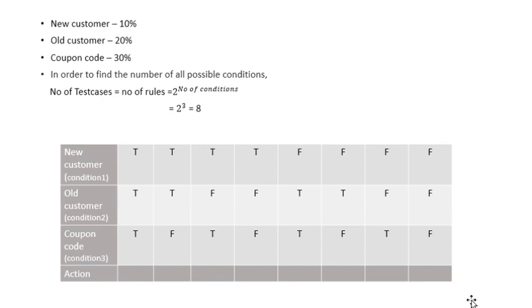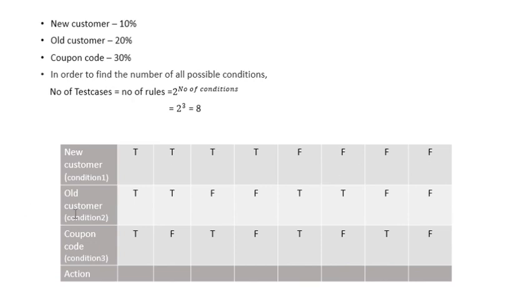So we have to create a tabular column in such a way that we obtain different combinations of input. Here we have to create a table with 9 columns including the conditions and 4 rows including the action. In the first row, in the first 4 columns, we have to give true and the second 4 columns we have to give false.